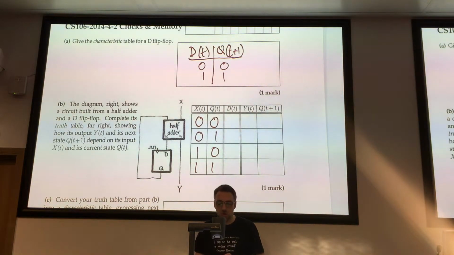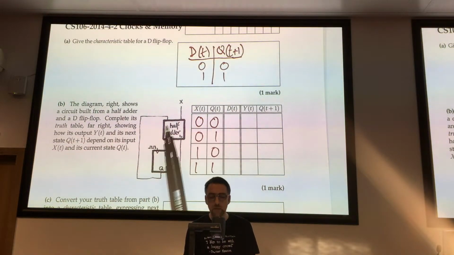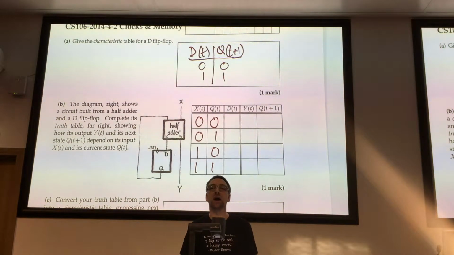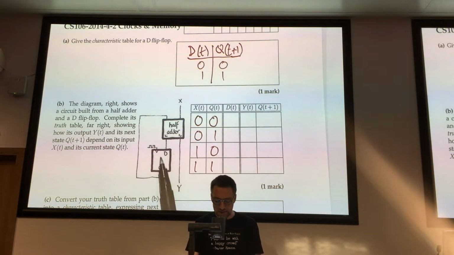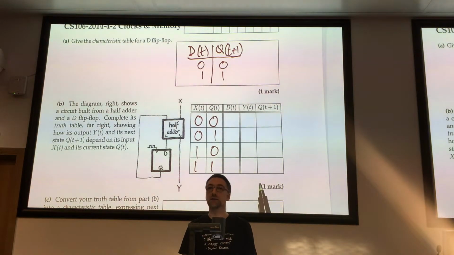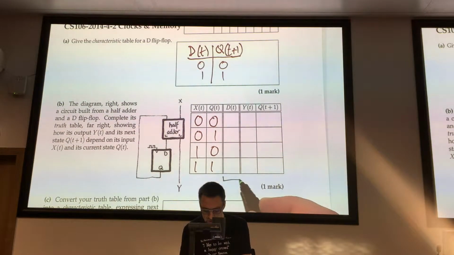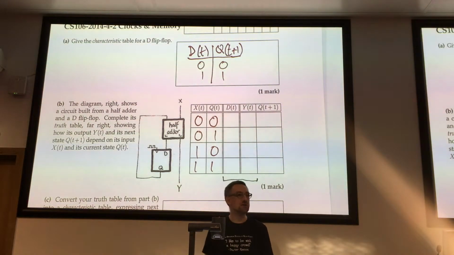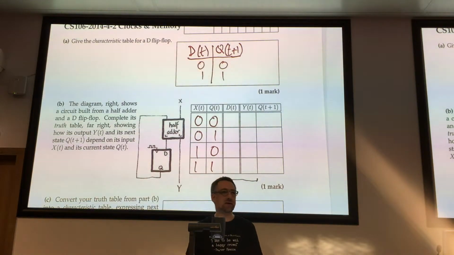So if we know X of t and Q of t, then we know the inputs to the half adder. The outputs of the half adder end up in, respectively, the twos ends up in D of t, and the ones end up in Y. So what you're really being asked in the next two columns is for the truth table for a half adder. Nothing weird about that, eh?